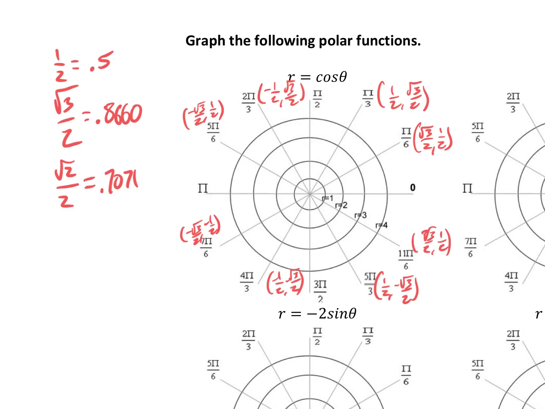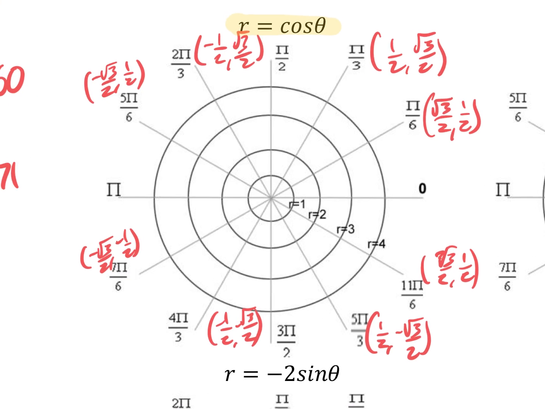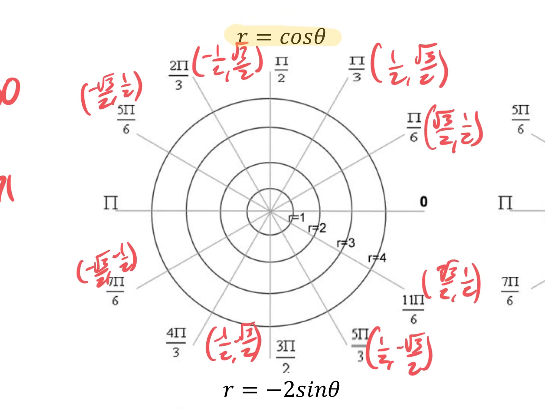Okay, so what does that mean? Well, let's graph the cosine of theta. r equals the cosine of theta. We're going to think about what angle we're looking at here, and that will decide how far we're going to go.